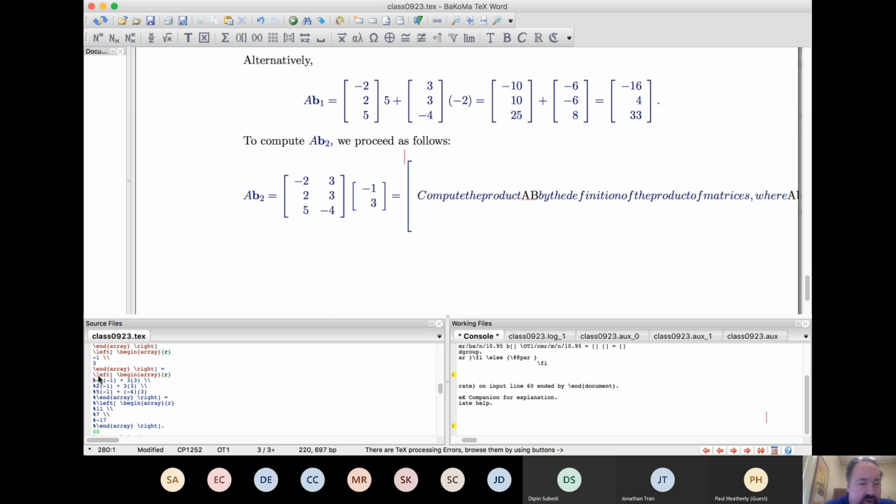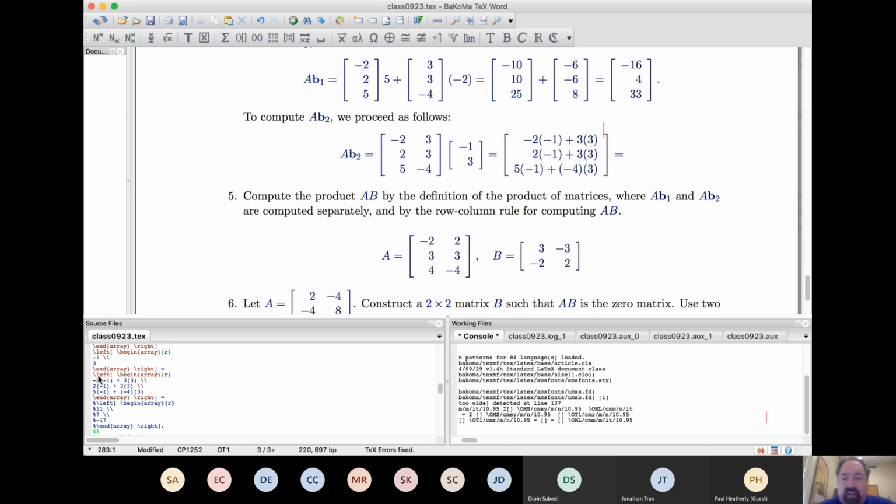So we see the operations to be carried out. Again, going across each row of A, and then down this one column, the only column we have here, multiplying corresponding entries and adding them up. So -2 times -1 plus 3 times 3 to get the first element, and then going across this row and this column to get the second element.